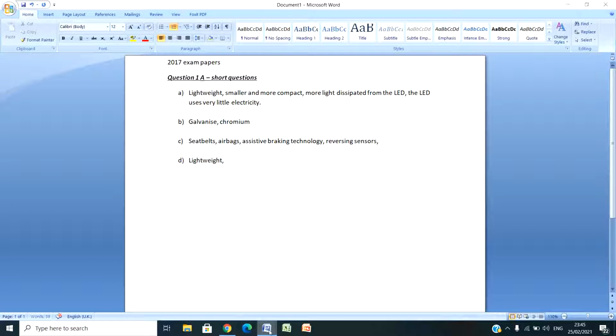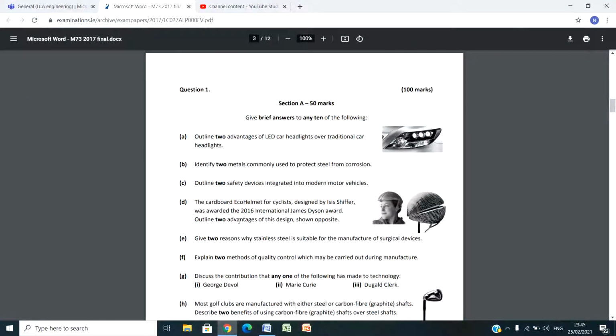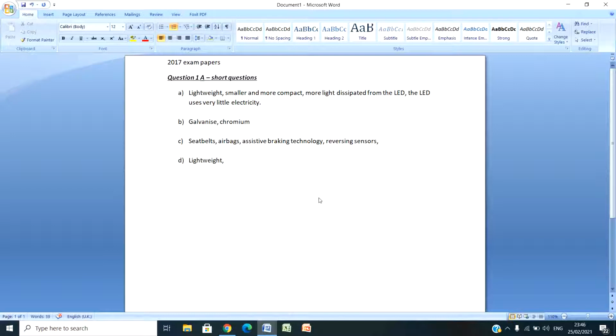Another thing you could say is cardboard is actually quite flexible, so it could suit different people with different shaped heads. It's a flexible material which could be useful for different people using the same helmet, I suppose, the universal helmet.